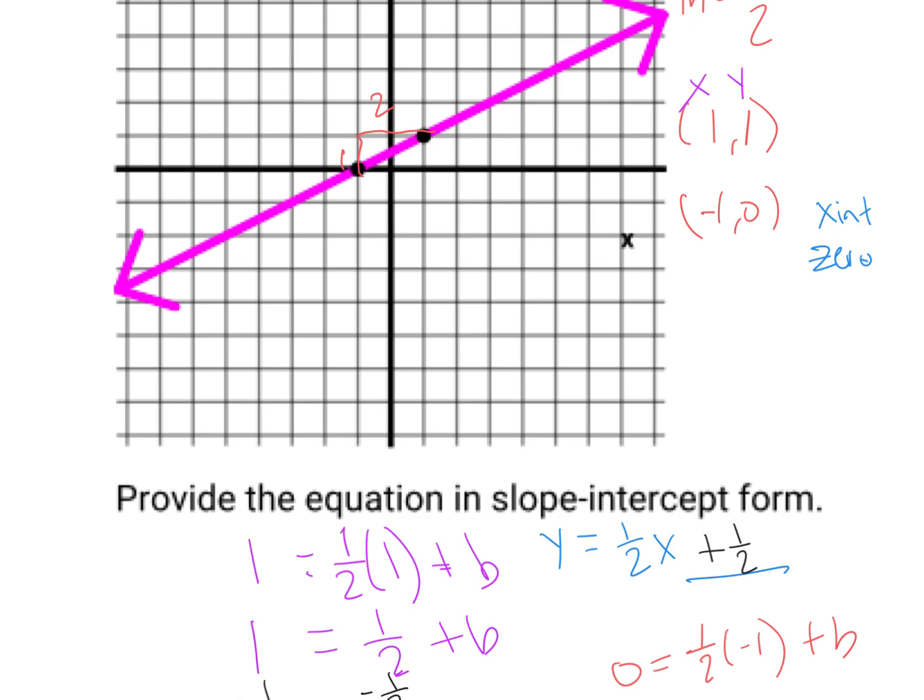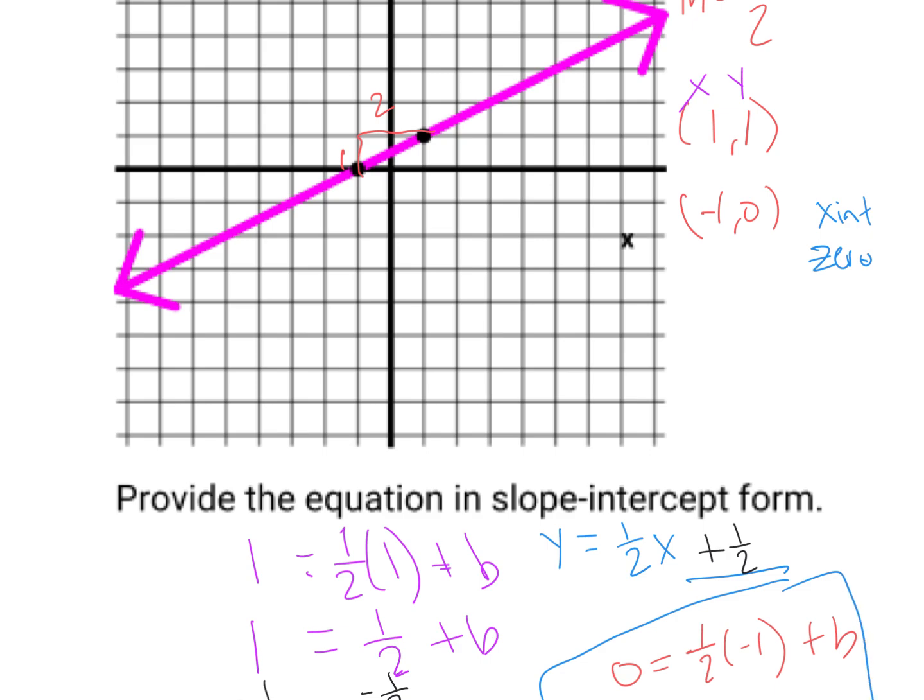So 0 equals negative 1/2 plus b. So you could easily get close, but it'd be the wrong sign. So you would either move the negative 1/2 over or add it. So the opposite of a negative would be a positive. So still b would equal positive 1/2, either way. So that's where students would make a mistake, and that is using the alternate point.